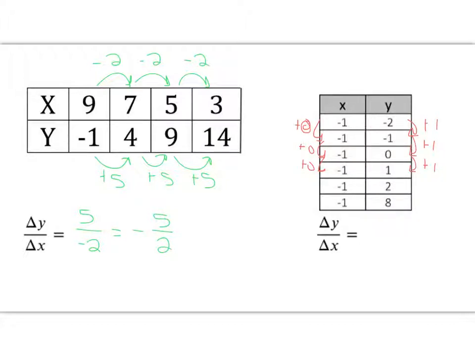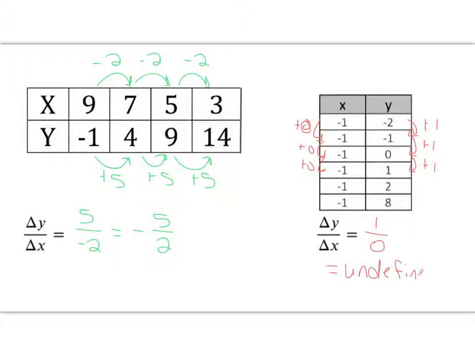Now, I do notice right here, this 2 to 8 is different, that's +6, but the answer would be the same, and we'll talk more about that in a little while. But my change in y is 1, and my change in x is 0. If I have 0 in the denominator, anything divided by 0 is undefined.